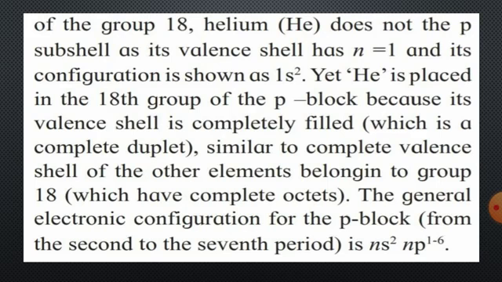and those 2 electrons are filled, which is a complete doublet. So the valence shell is completely filled, and it is a complete doublet, which is similar to the complete valence shell of the other elements belonging to group 18.